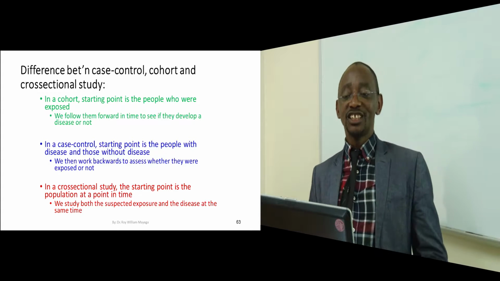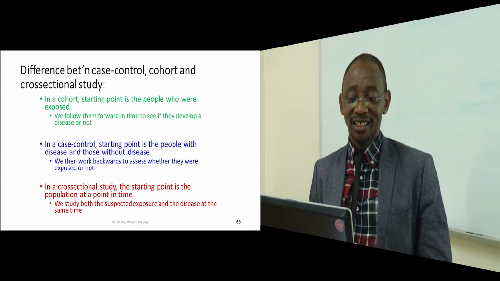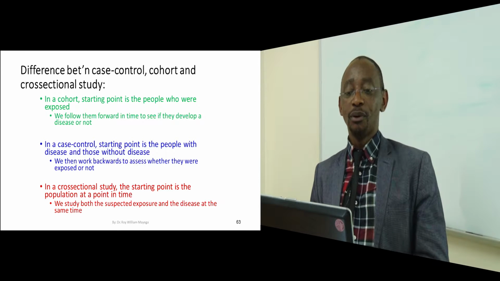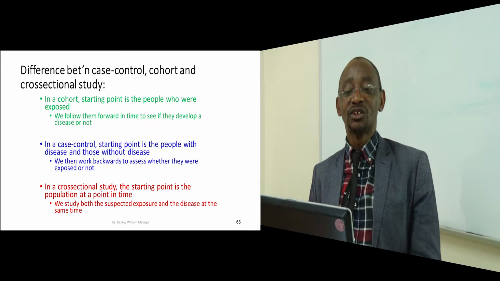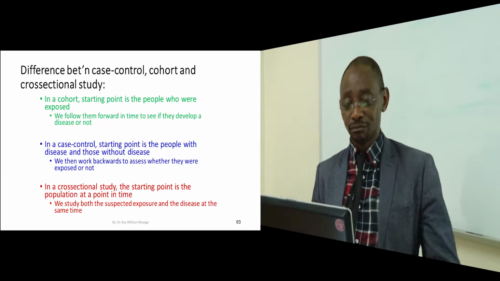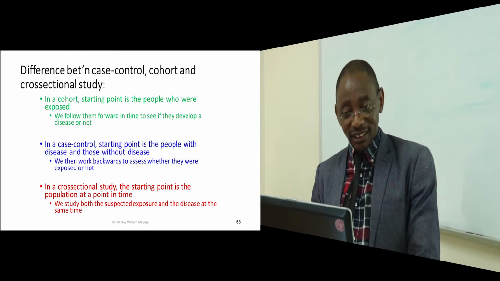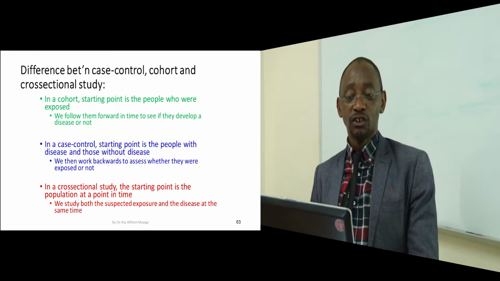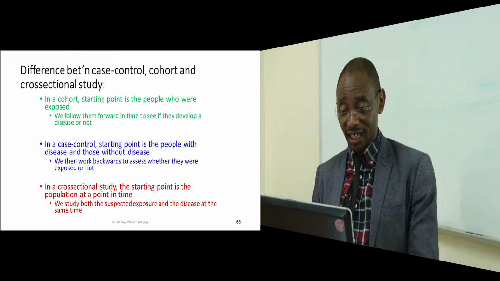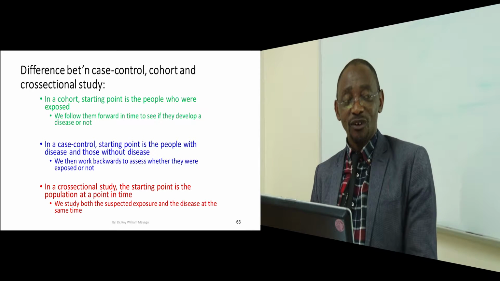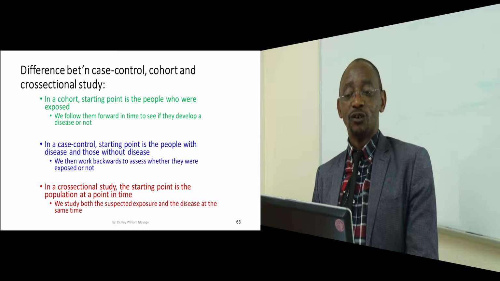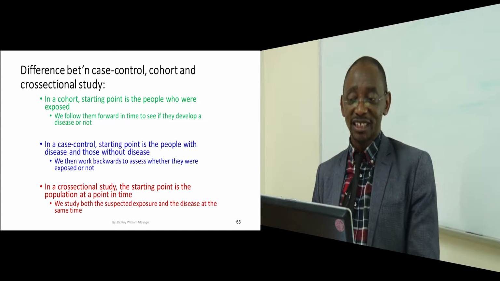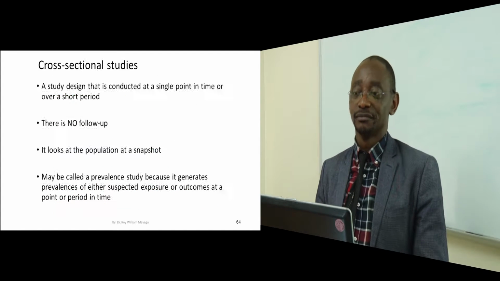Now, in a cross-sectional study, the starting point is just the population at a given point in time. And at that same point in time, we assess the population for a suspected exposure. And those same people, we assess them for the disease of interest at the same time.